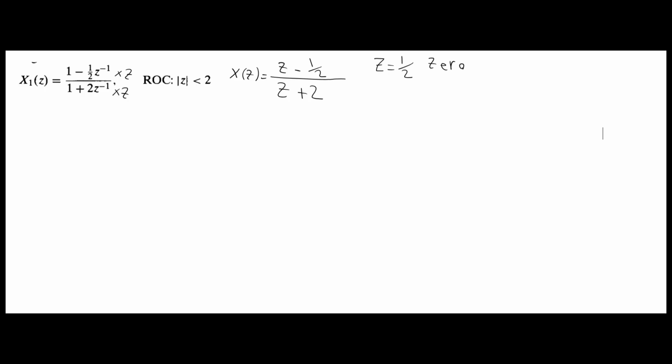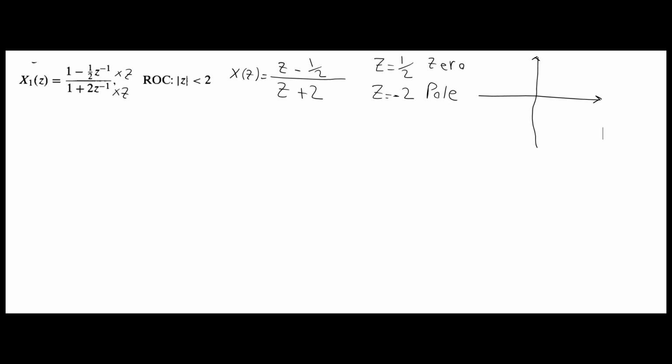Similarly, the poles are obtained by finding the roots of the denominator. Setting the denominator equal to 0 gives z equals minus 2. Therefore, the system has one pole located at z equals minus 2.